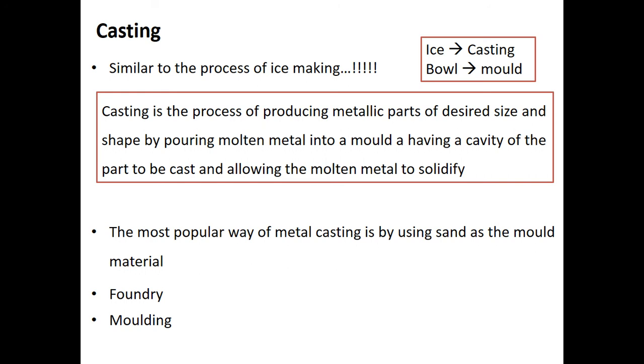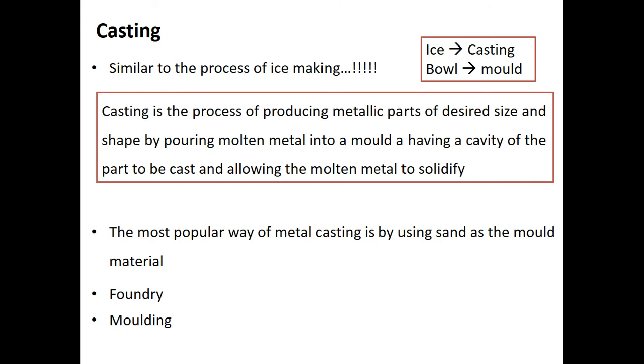This is a very easy example of casting. In the same way we are going to do casting. Instead of pouring water into the bowl, you are going to melt the metal, pour this molten metal into the mold and allow it to solidify. So if you can imagine the ice making process, that is similar to casting.